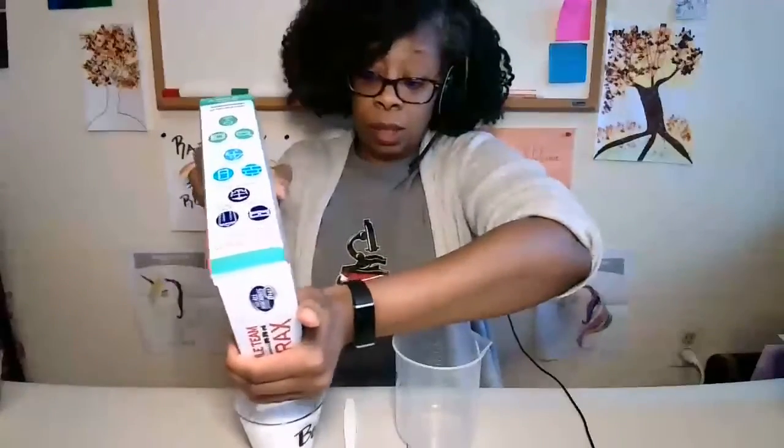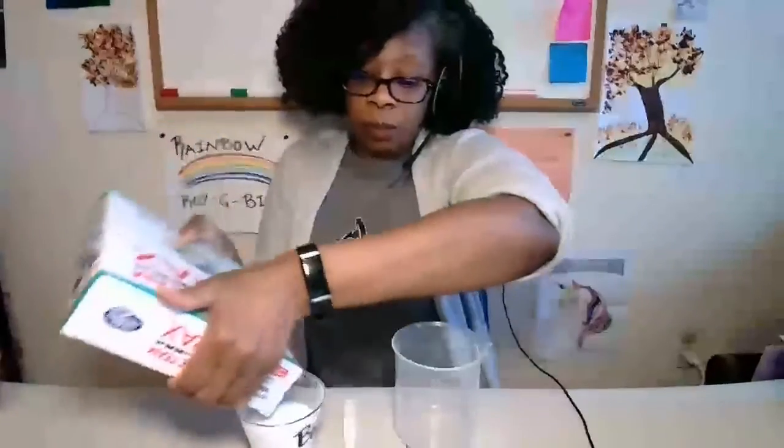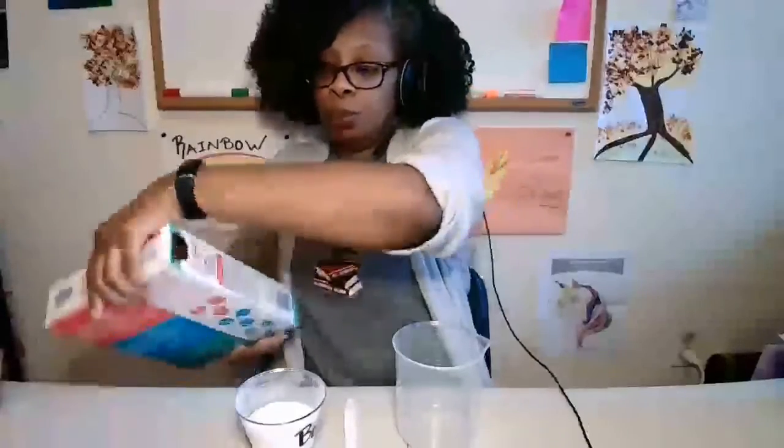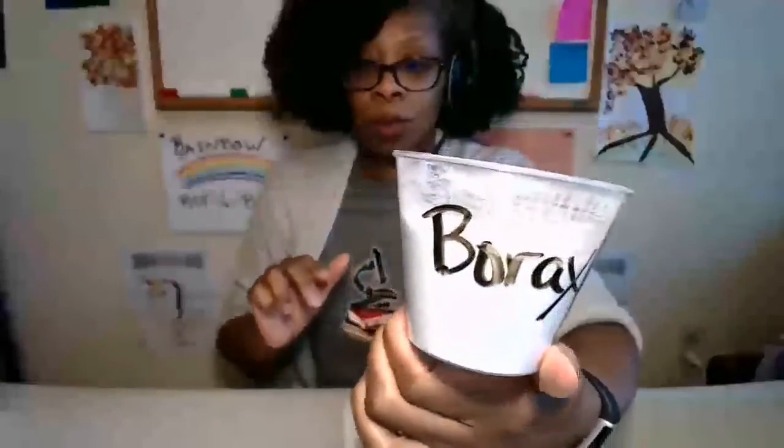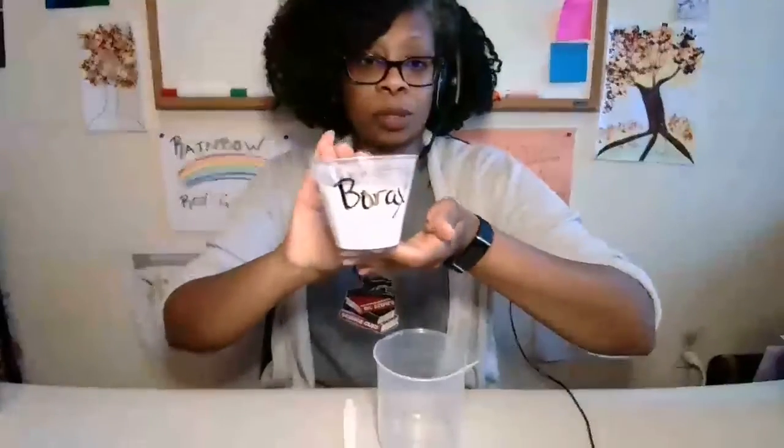You notice I'm using a lot of it because remember, supersaturated. Supersaturated, meaning I'm going to try to get as much of this powder as I can to dissolve inside of the hot water that I'm going to use. I've got some borax, and notice I labeled my cup, of course.